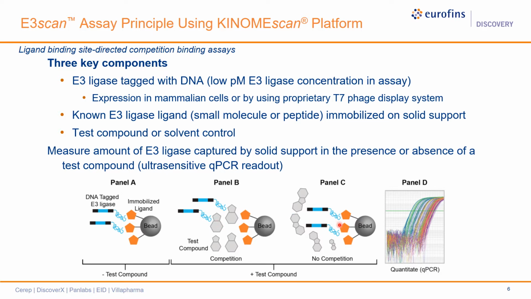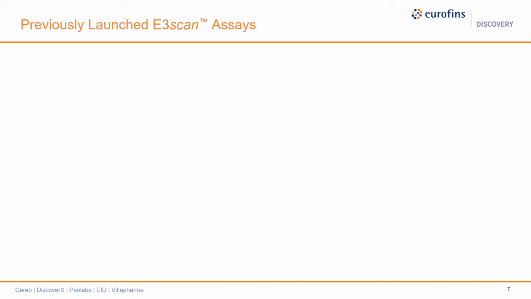In panel C, if the test compound does not compete the E3 ligase off the ligand beads, the E3 ligase will again be eluted in the assay and the qPCR signal will be high, just like in panel A. So we are looking for a loss of signal in the assay. We have previously launched E3 scan assays using several well-studied E3 ligases that are often used in TPD.